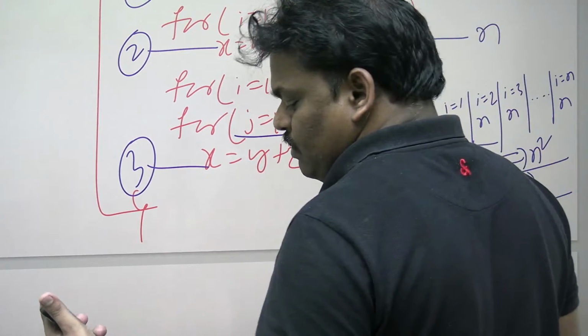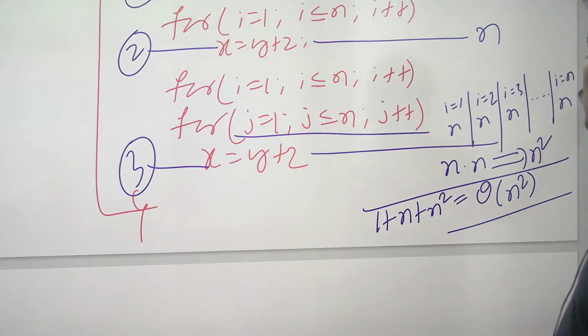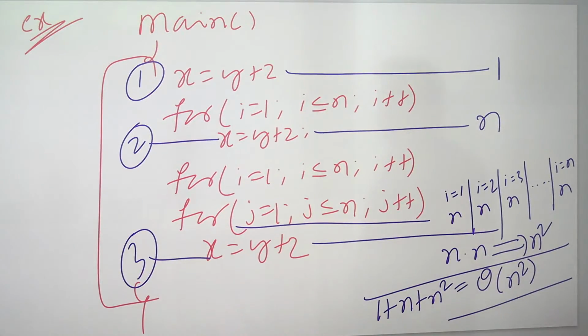So this program's time complexity is going to be theta of N square. First statement is 1 time, second statement is N times, third statement is N square times.